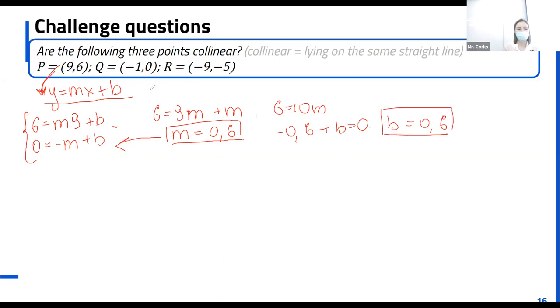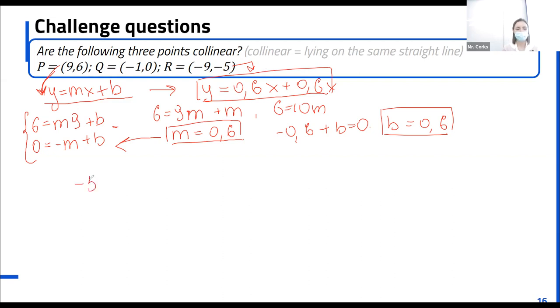So our line looks like y equals 0.6x plus 0.6. We have the equation of one line that both of these points belong to. Then simply to check the third point, we need to input these values in this equation and check whether it is equal or not.